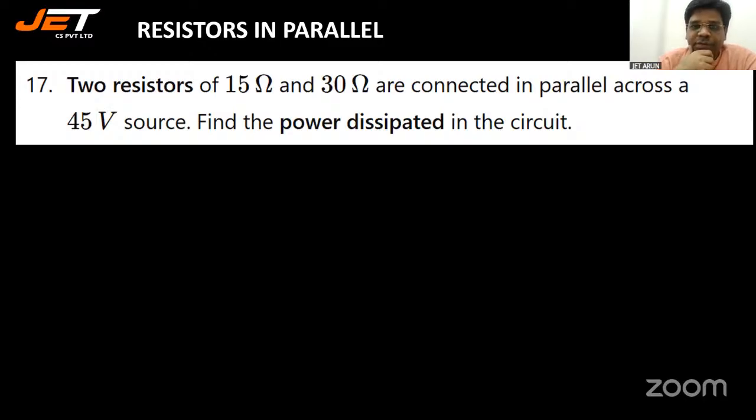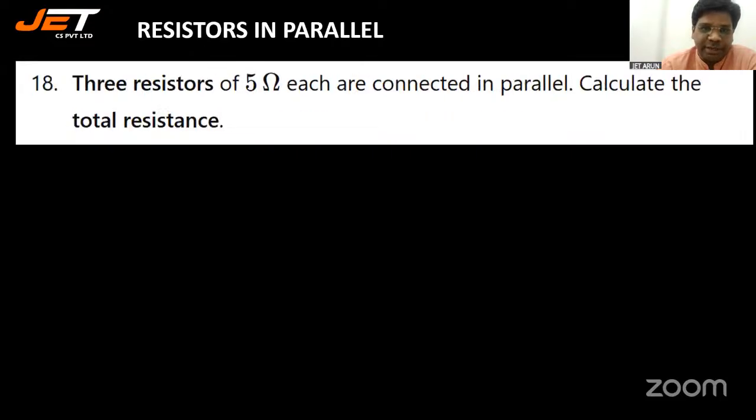So what do I do? I will find the equivalent resistance, the current through the battery, or V square by R. We'll do one thing. We'll come back to this question at the end. All right. Let's go in order.